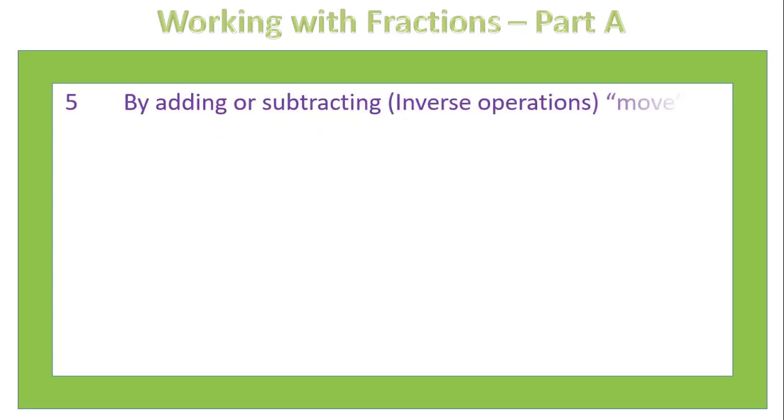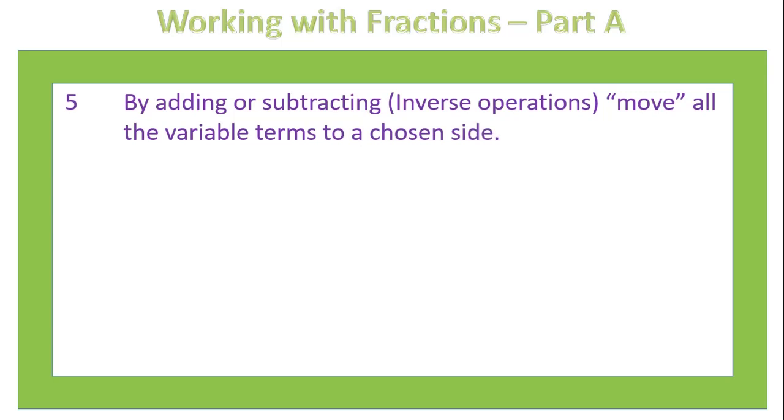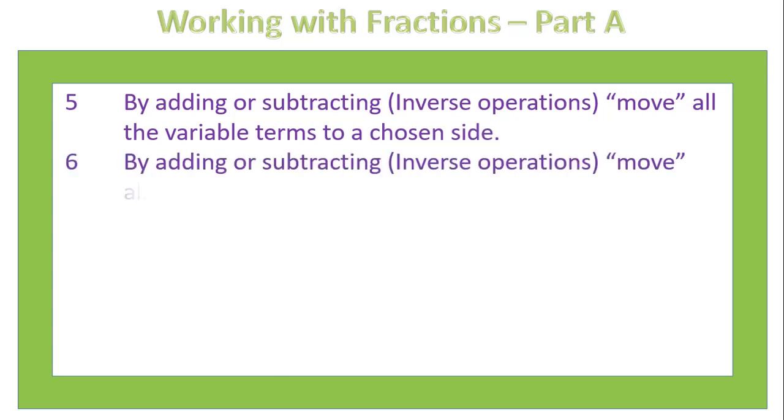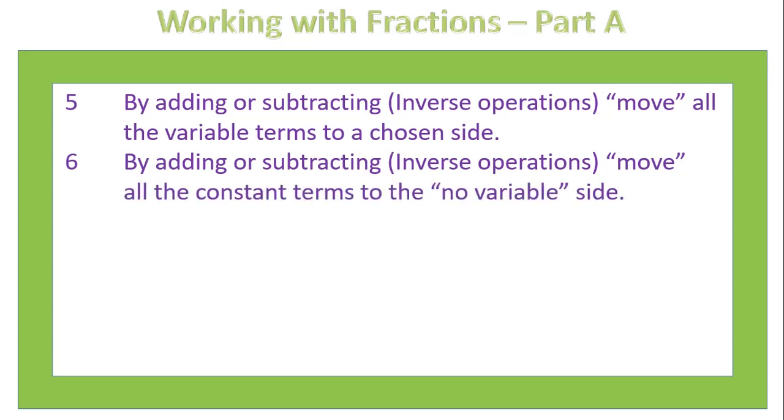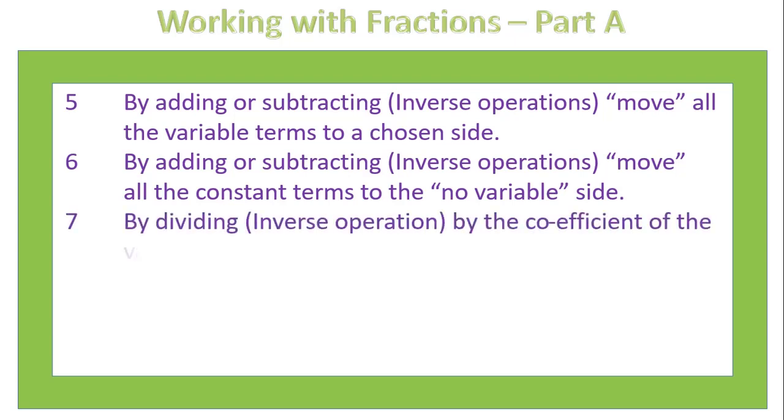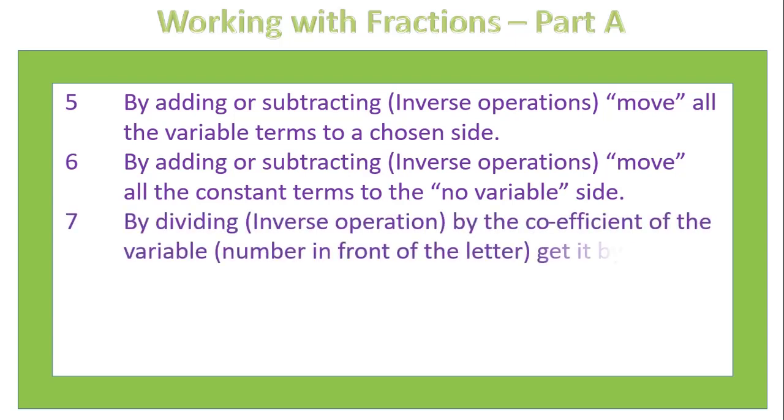By adding or subtracting, move all the variable terms to the chosen side from step 4. Step 6. By adding or subtracting, move all the constant terms to the no variable side or the other side. Step 7. By dividing by the coefficient of the variable, get it by itself. And once you've done that, you've solved your equation.